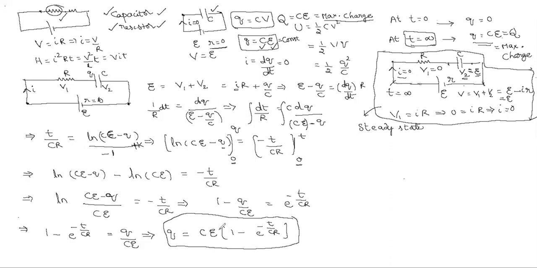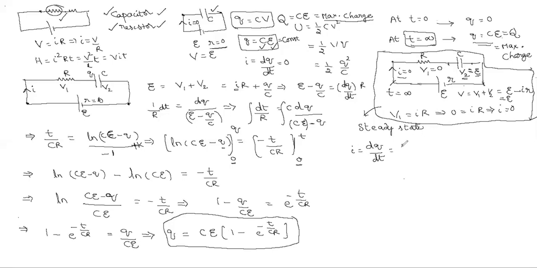And here, suppose at an instant, not t is equal to 0, not t is equal to infinity. At an instant, if I want the current through the resistor, it is very simple. You want current. Q is variable, it is changing with time. So better you differentiate dq by dt. Differentiate this equation.